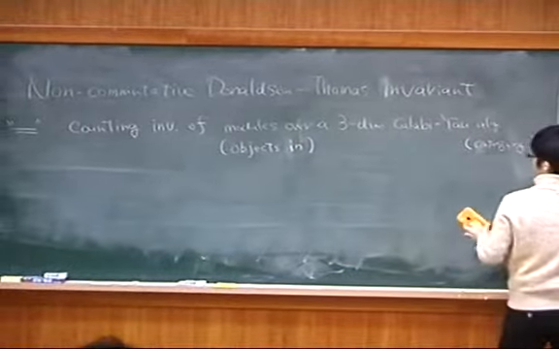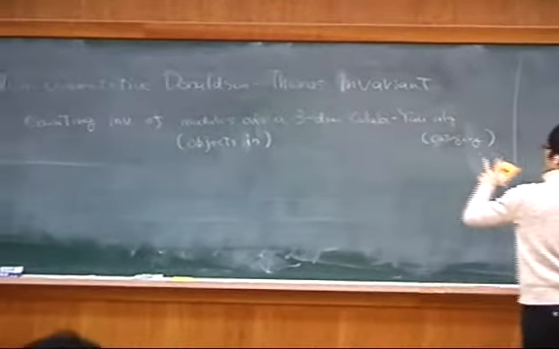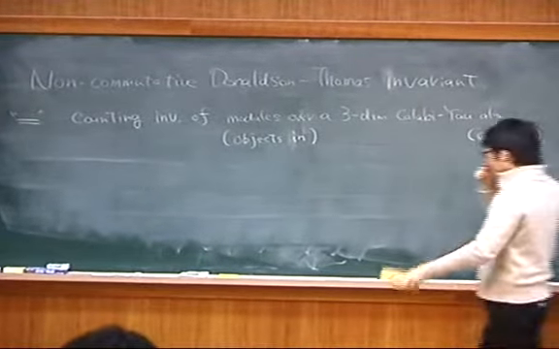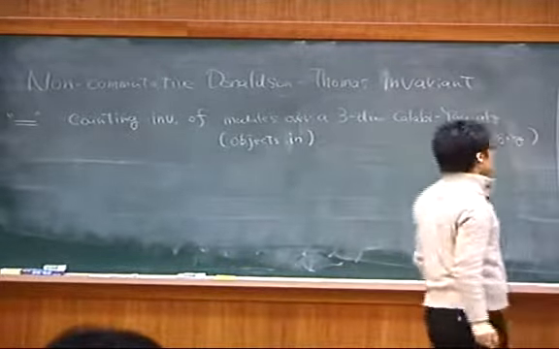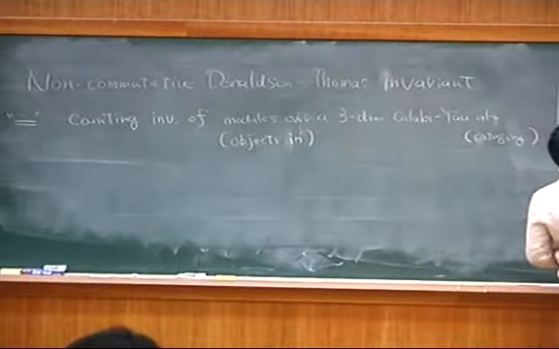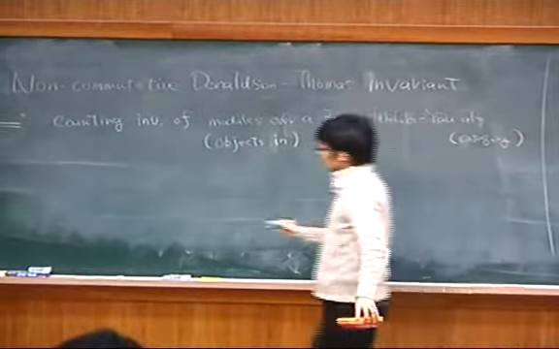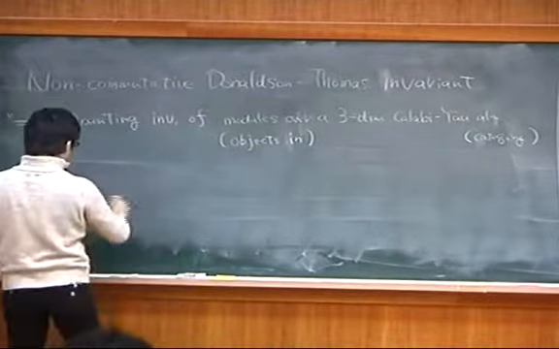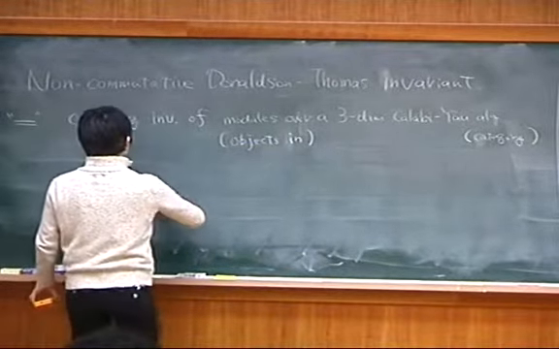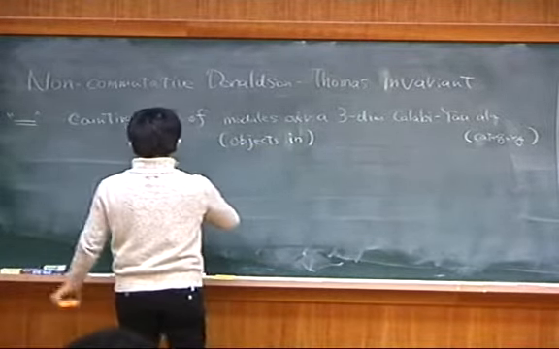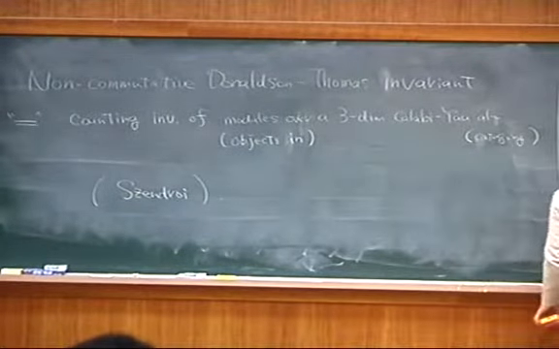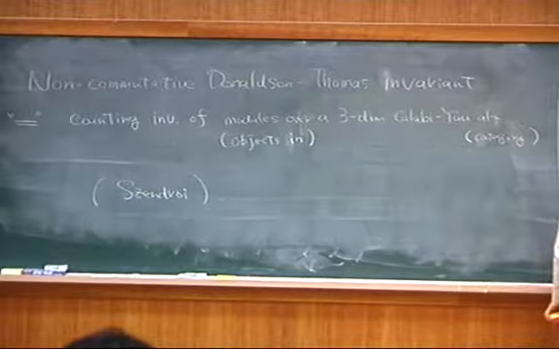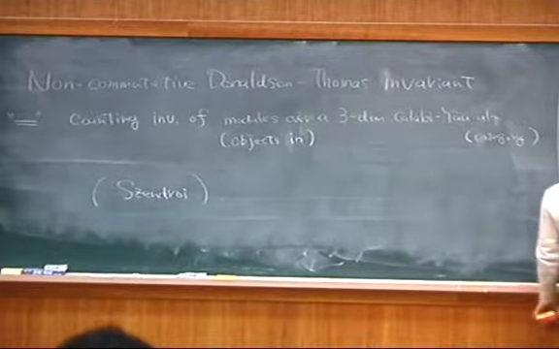So later I will explain what the three-dimensional Calabi-Yau category means, but why not use the two-dimensional? Well, let me explain. This was originally introduced by Sendrey, and his original motivation is the following.